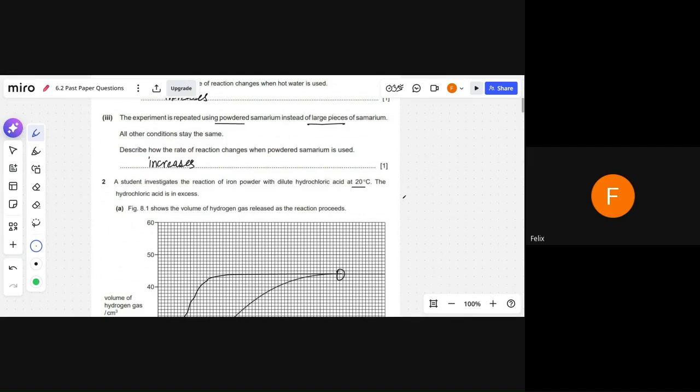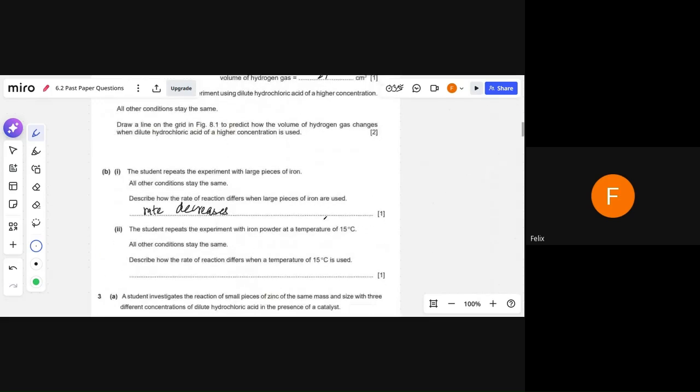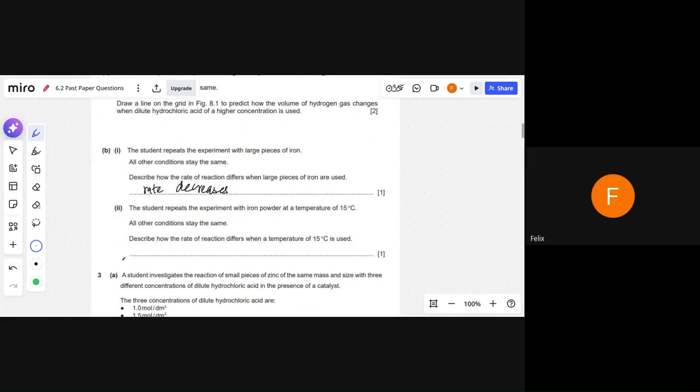Initially the temperature was 20 degrees Celsius, right? And now they have decreased the temperature. So the rate will decrease because we are decreasing temperature, right?